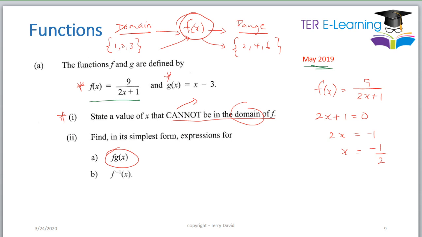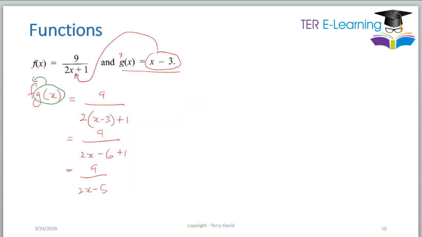The next part now, they want us to find the inverse of the function. So they want f inverse. So, if you have 2 minutes, let me see what you come up with before I give you the answer.